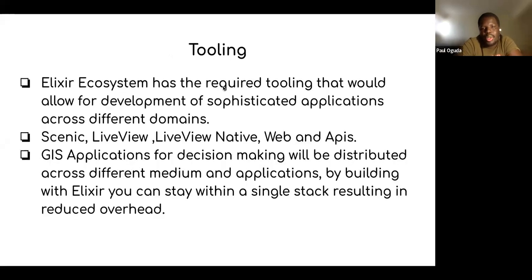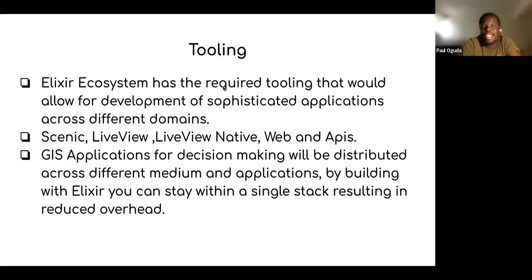There's also the aspect of the tooling. If you look at most languages, I don't think there's a language like Elixir, which in such a short time has managed to increase what it can do, to make itself like a Swiss army knife.